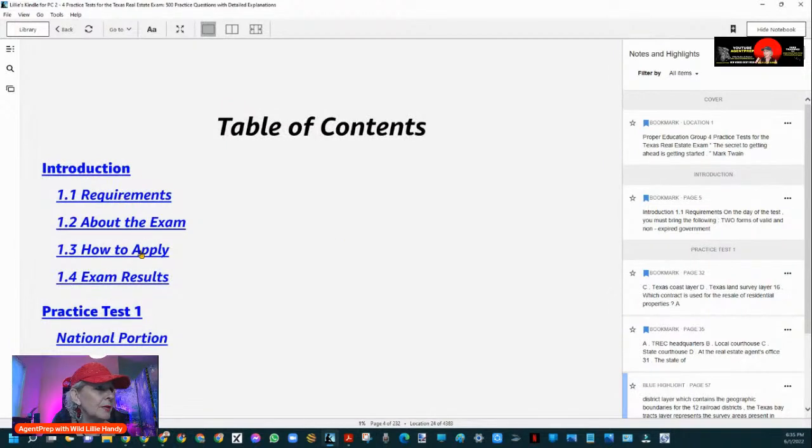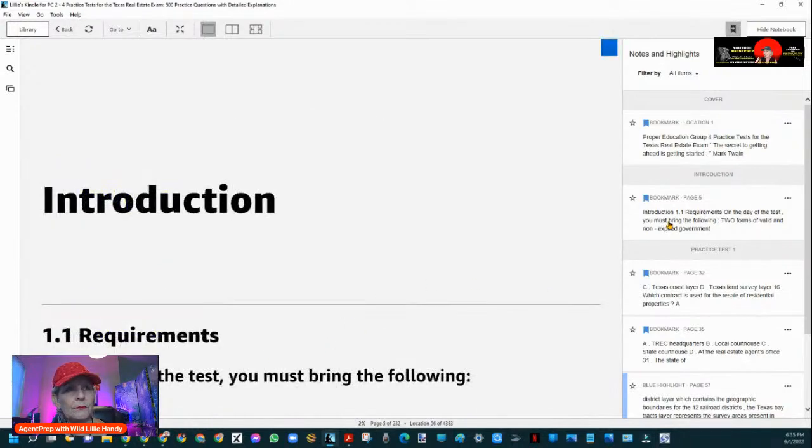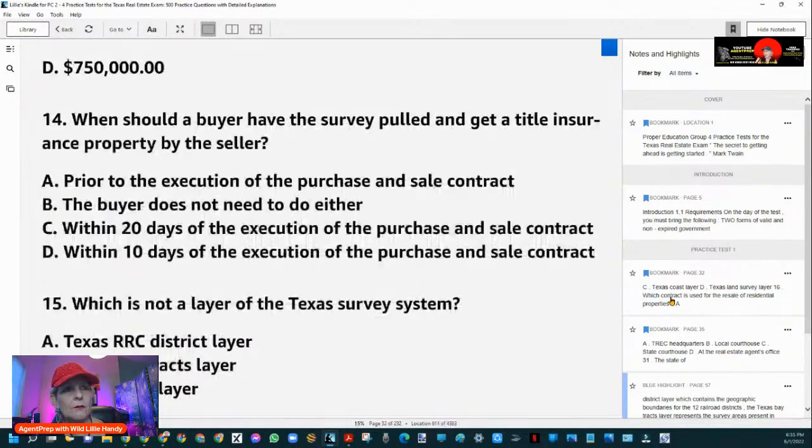No, this one doesn't have vocabulary, but there's a lot of free vocabulary online. All right, so today we're starting with test number 1, question number 31 on page 35.